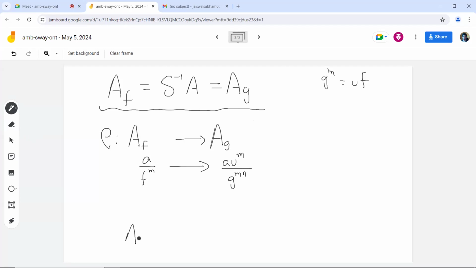Now, if you take AF prime and AG prime, you want to show that the maps commute, right? Instead of that, I will just take the saturation. So this is SF inverse A and SG inverse A, and there is an isomorphism here and an isomorphism here.